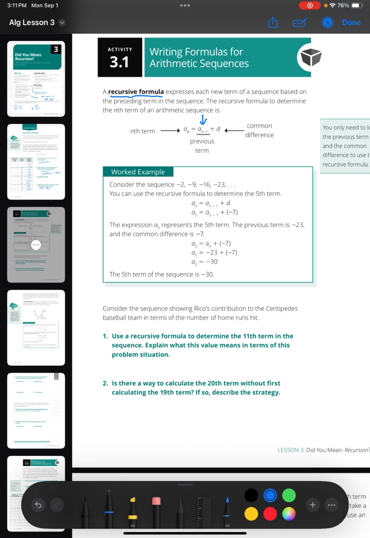You can use the recursive formula to determine the fifth term just by taking the value of the fourth term, which in this case was -23, and adding our common difference of -7. So this is what this is showing you right here. This is saying the value of the term before the fifth, so the fourth term, which was -23, and then adding that common difference of -7 to get to -30.